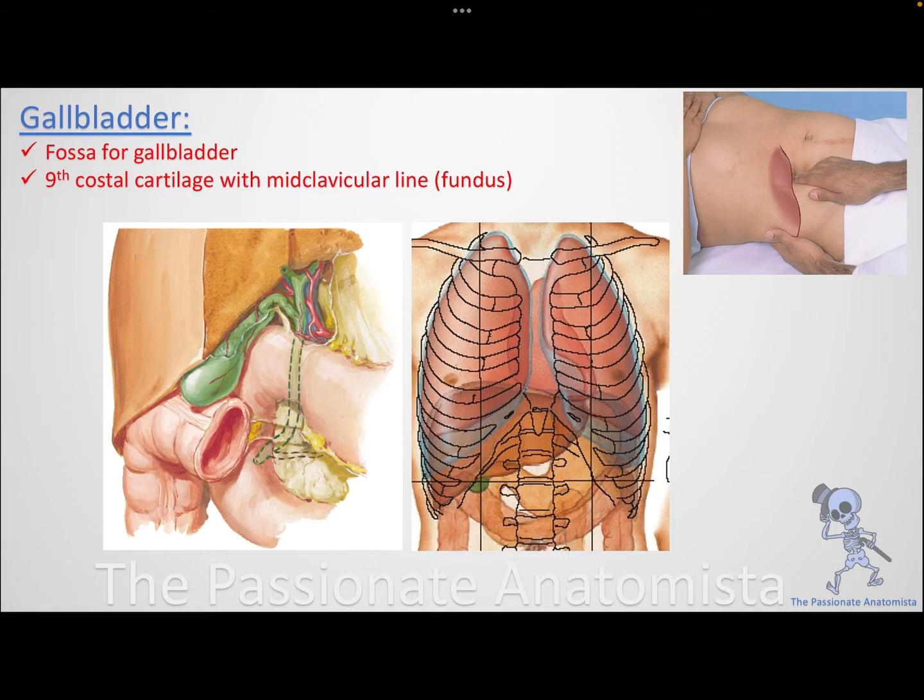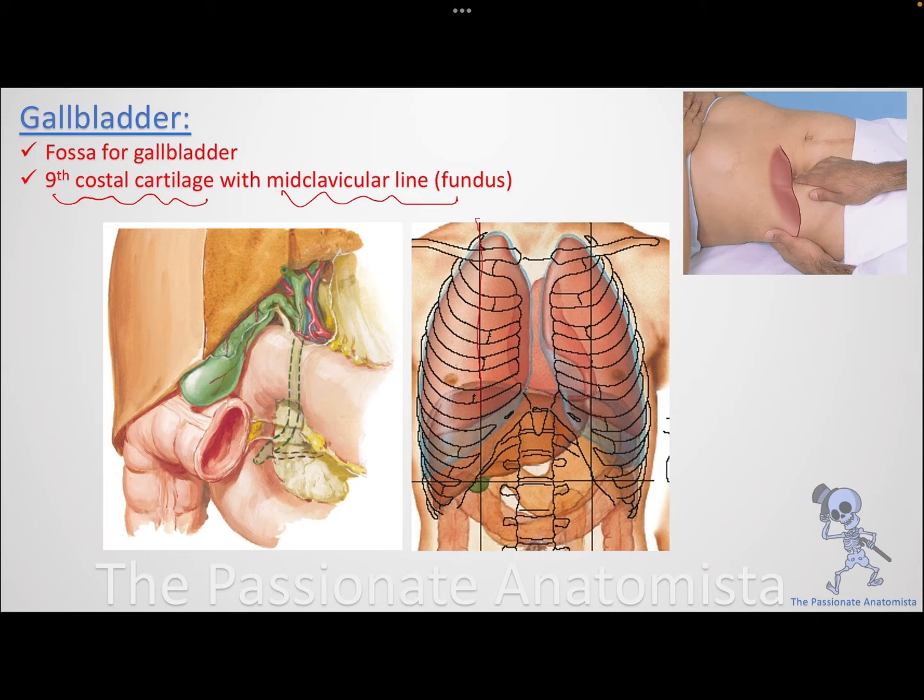Now, the surface anatomy of the gallbladder is very important during physical examination. You need to know that the gallbladder lies at the point of intersection between the ninth costal cartilage and the mid-clavicular line.